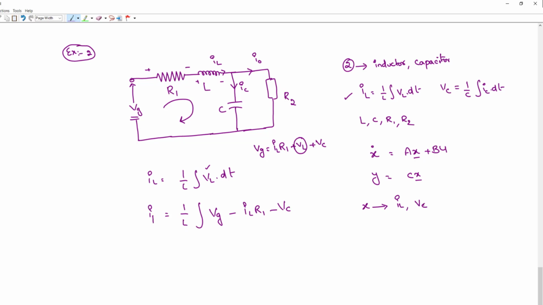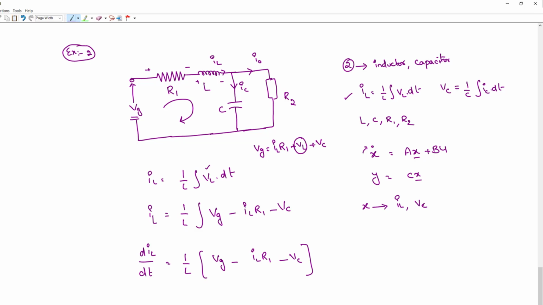But in the state space, what we want is a derivative. So let us derive this. dIL by dt is equal to 1 by L, so the integration will go out, into Vg minus IL R1 minus VC.